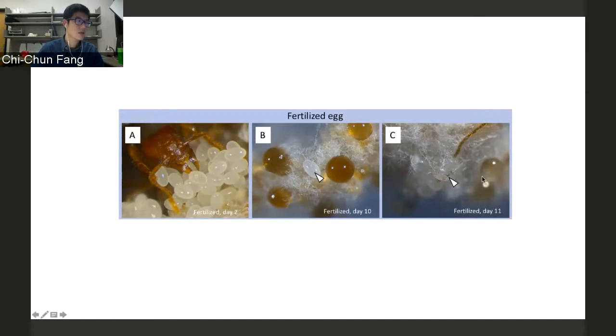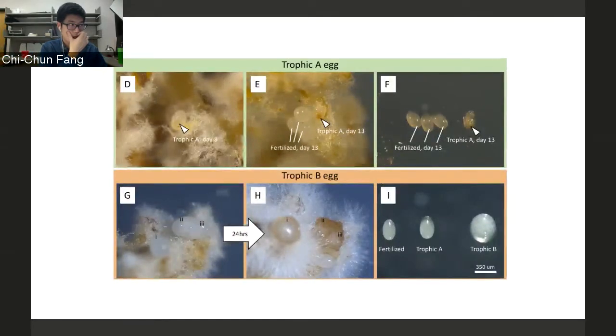And in figure C, you can see the egg is still not damaged. But how about the other two, the trophic A and trophic B eggs? For the trophic A egg, the mycelium will start to absorb the nutrients from inside and cause a dent, and eventually just suck up all the nutrients after like 13 days.